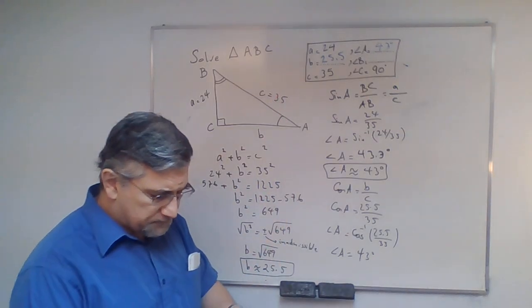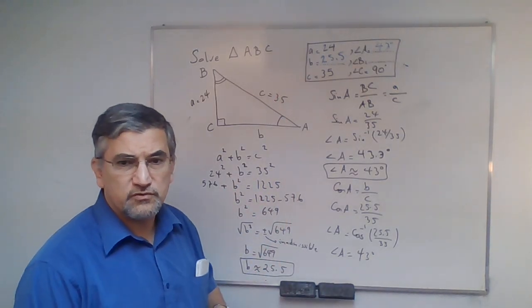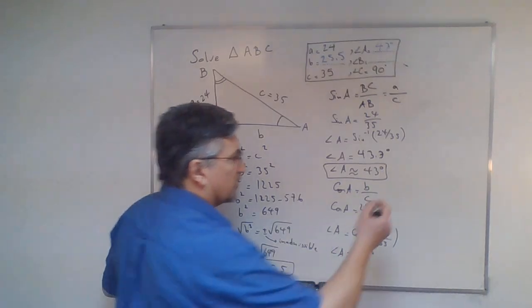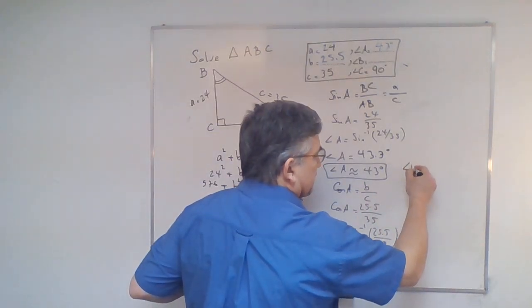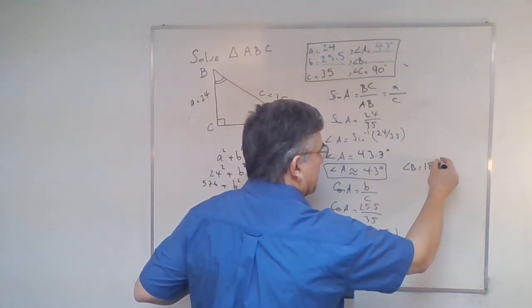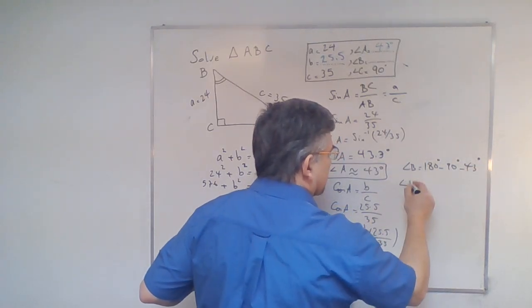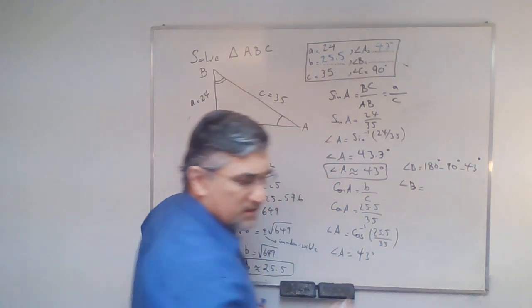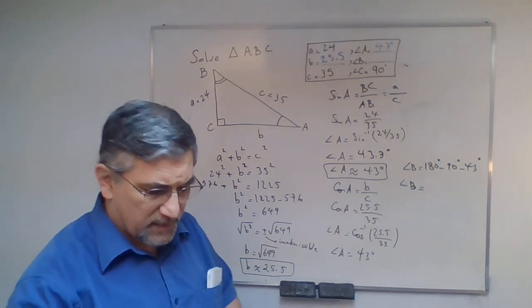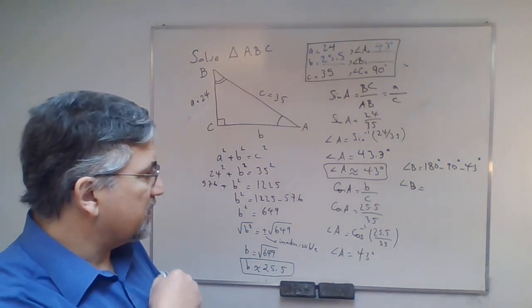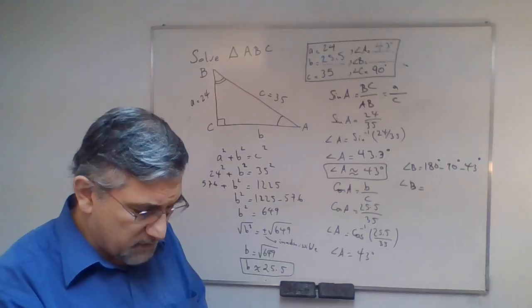To find angle B, I'm not going to use trig ratios. I'm going to use the easiest way of doing it. So I'm going to say angle B is equal to 180, take away 90, take away 43 degrees. Why am I saying this? Because we know that the sum of the interior angles in any triangle is 180 degrees.